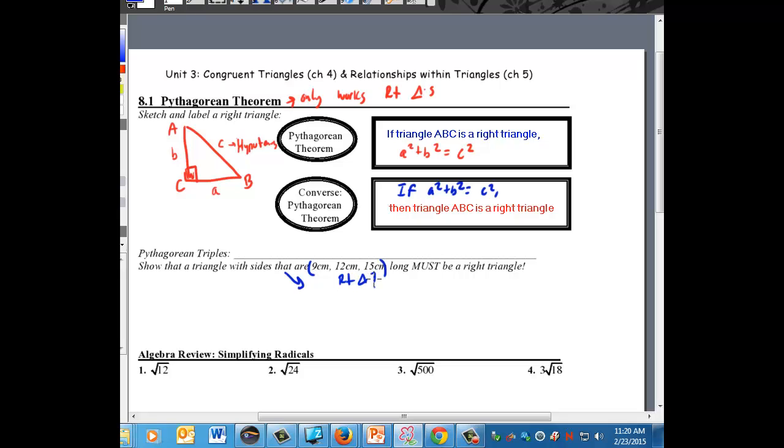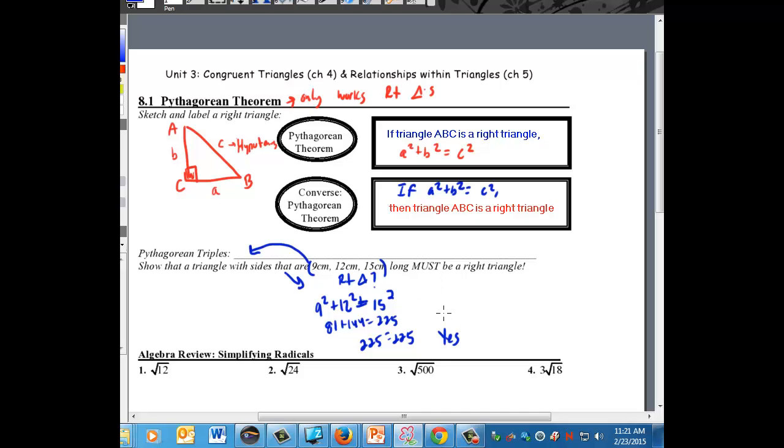And if it's yes, then 9, 12, and 15 are known as a Pythagorean triple. That's three sides that create a right triangle. So we're going to take 9 squared plus 12 squared, and then it has to equal 15 squared. I get 81 plus 144 equals 225. 225 equals 225. And so that's going to be a yes. This is in fact a right triangle.